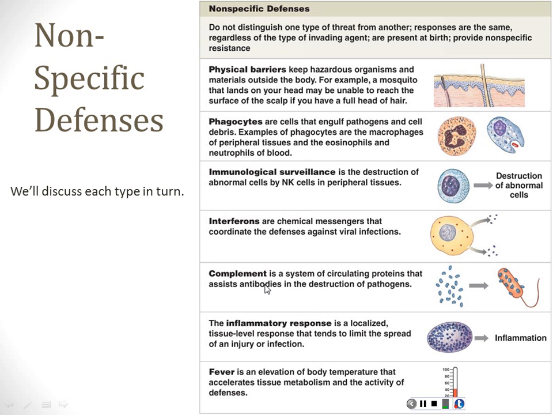The complement system is a biochemical attack. It's a set of proteins that are found in the plasma, in the blood, all the time. And when a bacteria or other pathogen is present, these proteins self-assemble into a kind of spear that punches holes in cell membranes and cell walls.